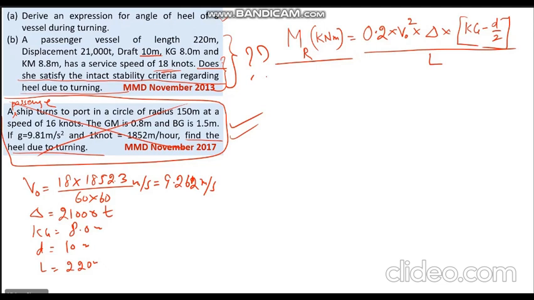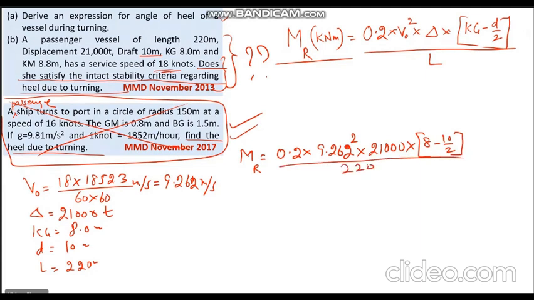So what will be the healing moment equal to, beta? Healing moment will be equal to 0.2 into V naught square, 9.262 square, into displacement of 21,000 tons, into KG of 8 meters, into 10 by 2, that is 3 meters, divided by the length of 220.